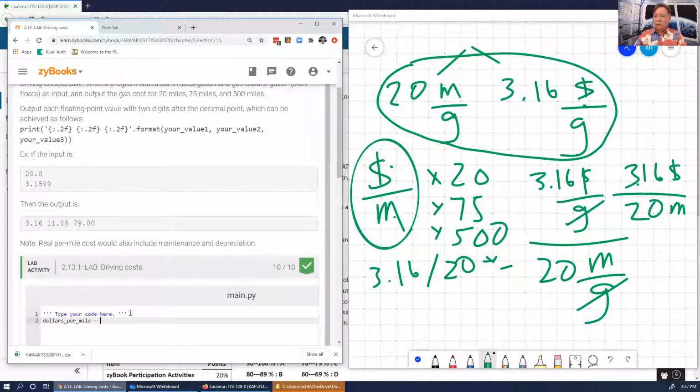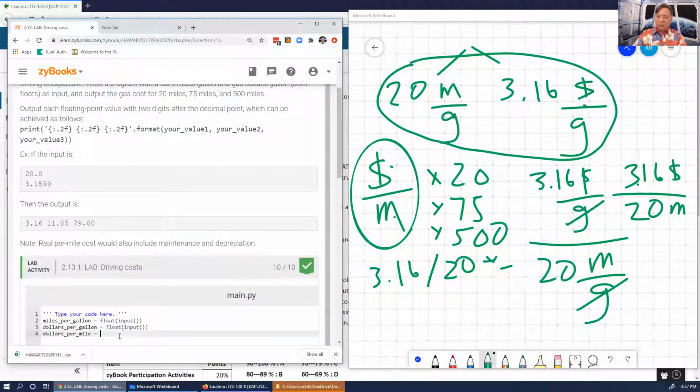Okay, so miles per gallon equals float input. And then what's the other one? Dollars per gallon equals float input. Okay, so the second one's going to be this dollars per gallon.